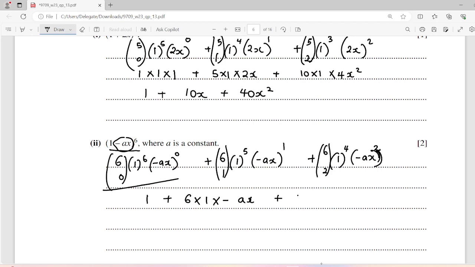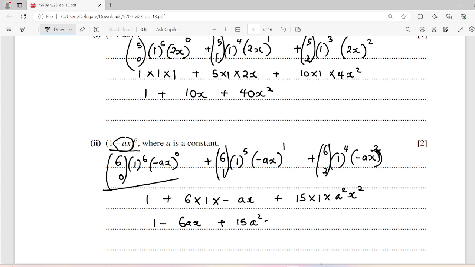If you remember indices properly, this negative will end up being positive, then times a squared x squared. So the final answer should be 1 minus 6x plus 15a squared x squared. So yeah, it was as easy as that. So we go to the next one.